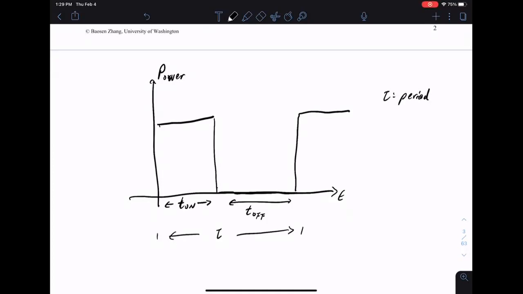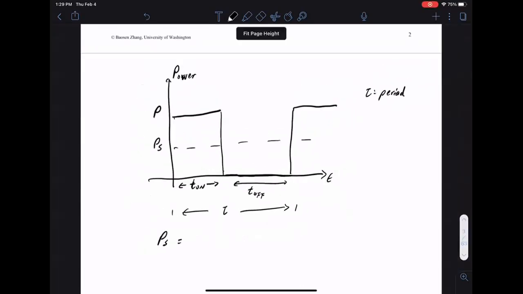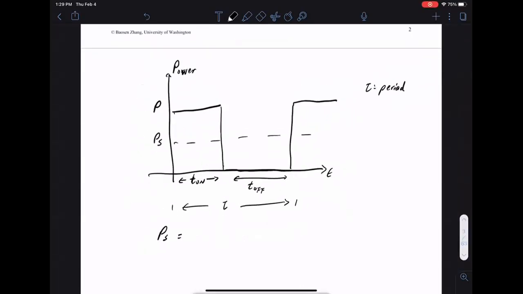So if this is P, this is PS, the average power we produce, it is the fraction of time we're on multiplied by the peak power we have.